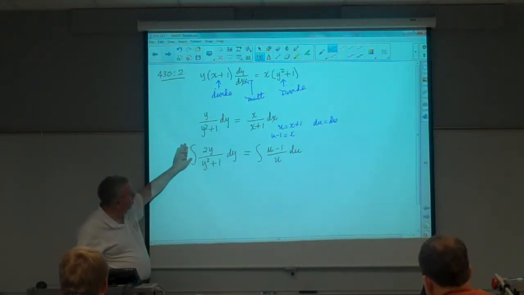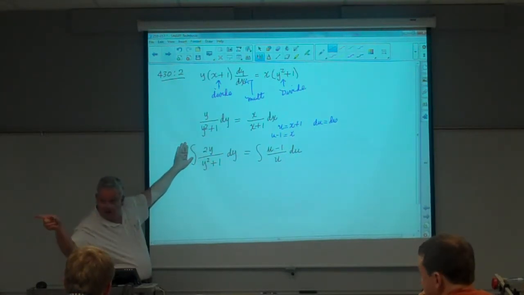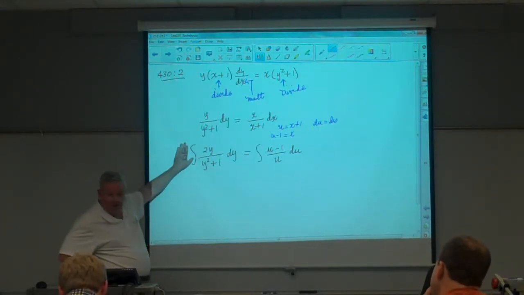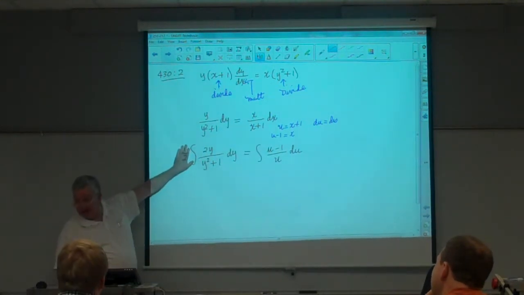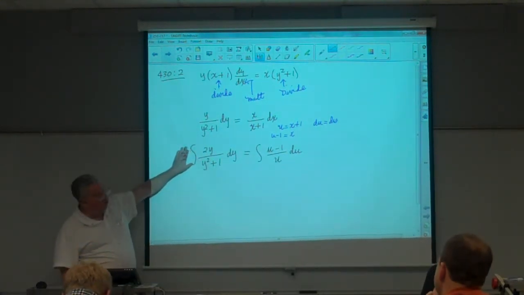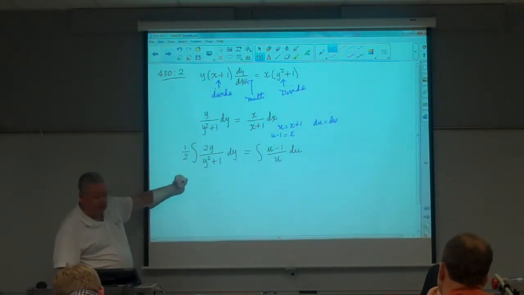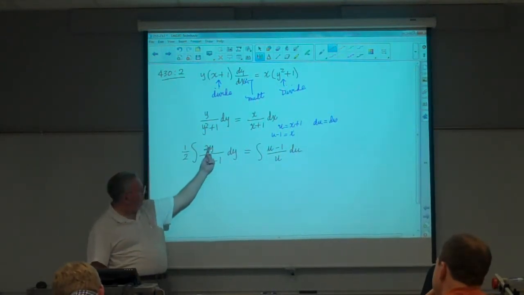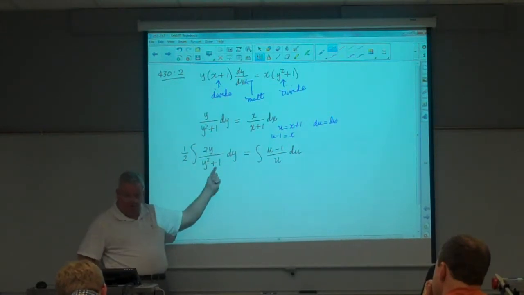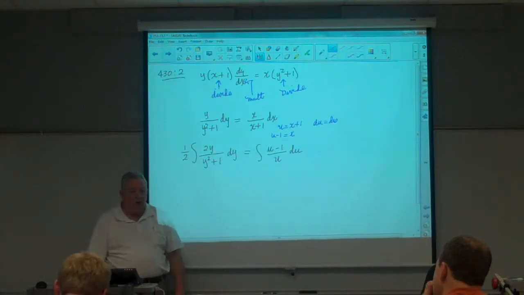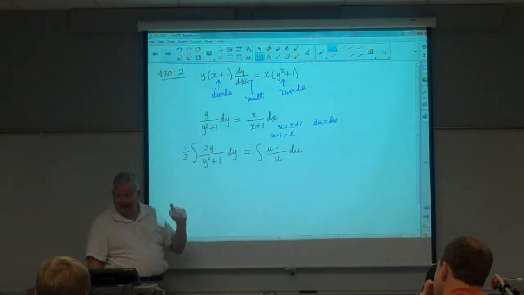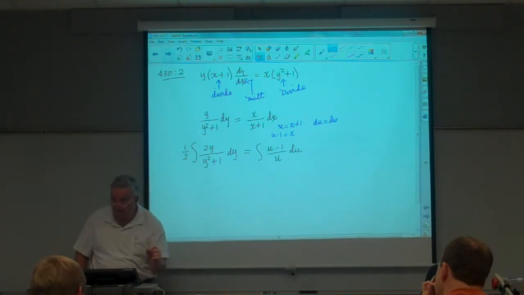And I don't know if you heard him say it, but one of you said a minute ago, multiply both sides by 2. Was it you? Daniel. Exactly. Daniel said multiply both sides by 2, which would have accomplished the same thing. But what I'm trying to get you to believe is that if I multiply by 2 inside the integral to make it something nice, I can get away with doing that by multiplying by 1/2 outside the integral.